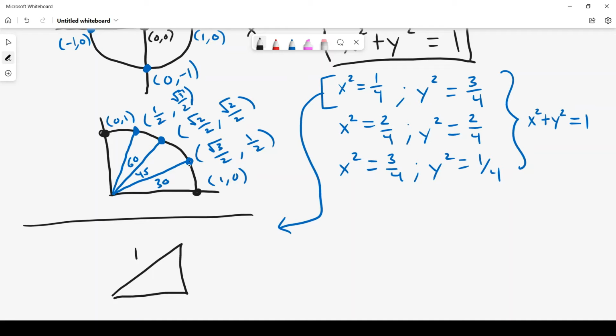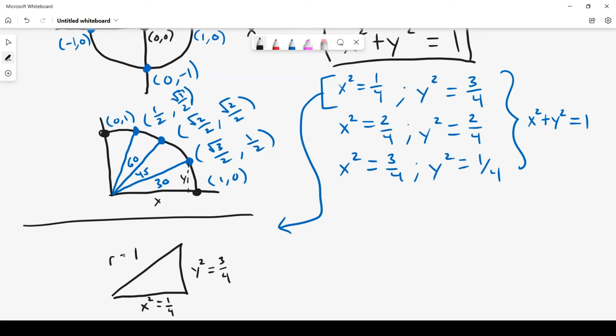In your x direction, over here, in your x, it's your y. You said that x squared specifically is 1/4, and y squared was 3/4.